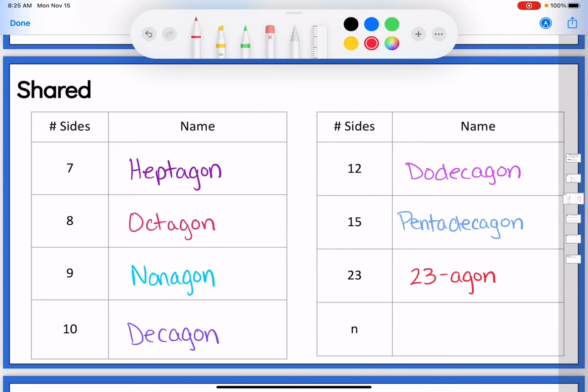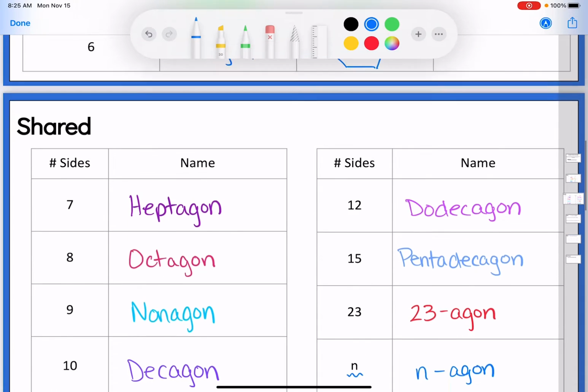Any of these other ones, 3 through 10, 12, and 15, you got to know the names. Otherwise, you just put agon at the end, which means down here with n, this would just be an n agon. So n being however many number of sides, right? Okay. So let's go back up here then.